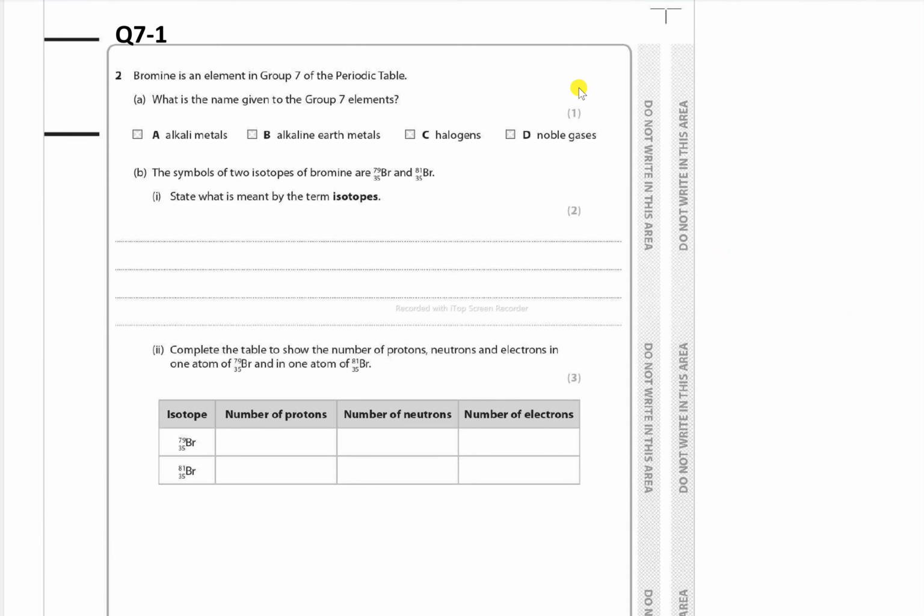What is the name given to group 7? We said that's the halogens. Symbol of two isotopes. So what did we say an isotope was?